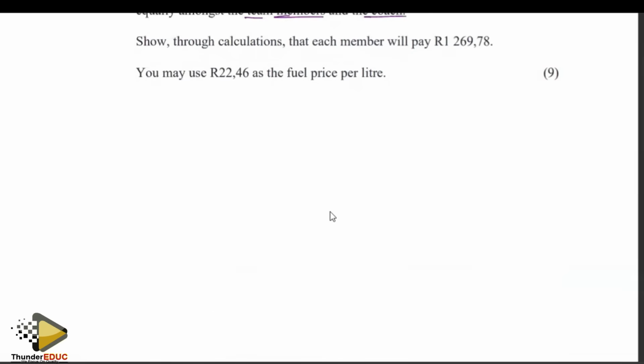So it's going to be 3 times 2,000, then you add on the 4 times 2,000, then plus the one, 3 times 2,800.